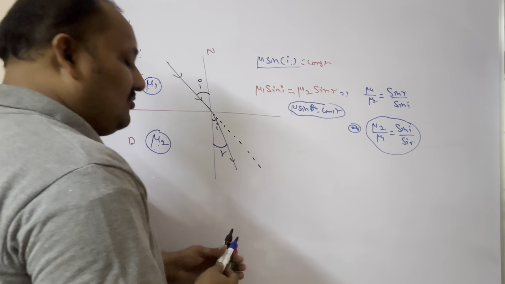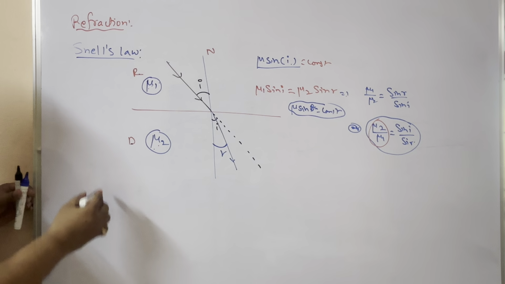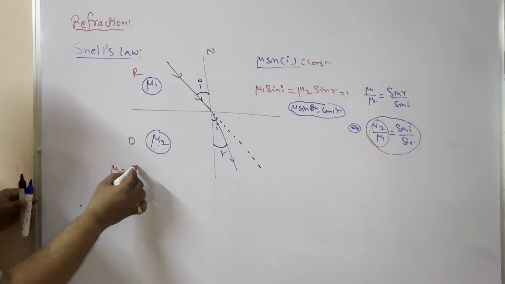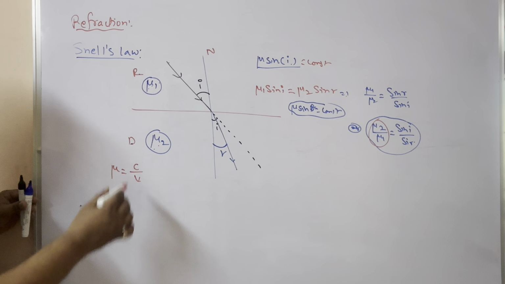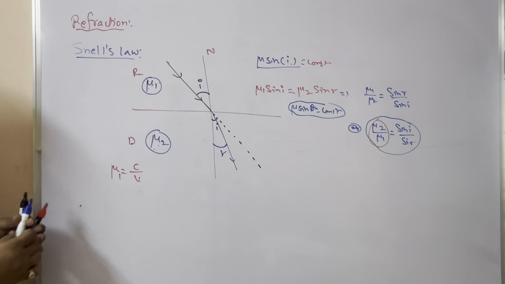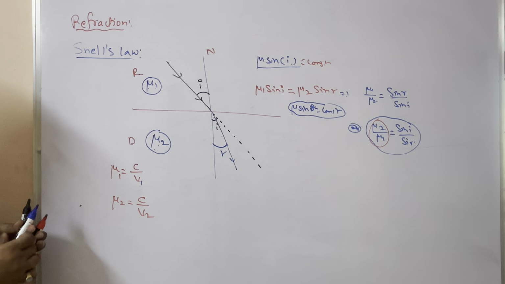So what is this mu2 by mu1? We should come to know again. We defined refractive index as the velocity of light in vacuum divided by velocity of light in the medium. So mu1 is nothing but c by v1, and mu2 is nothing but c by v2.